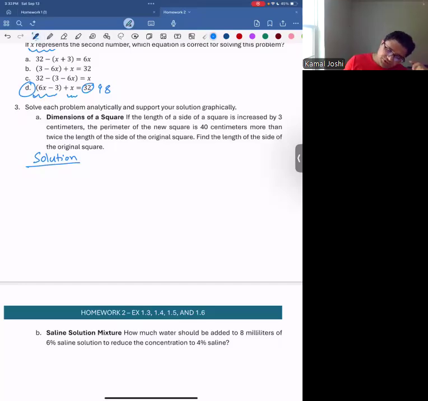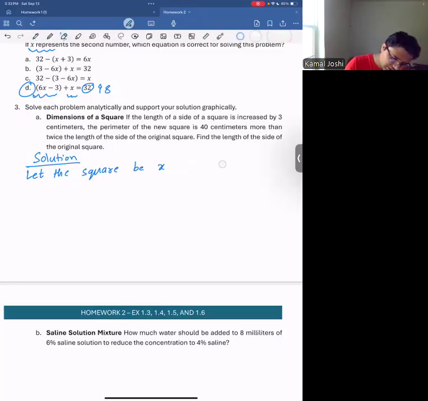The length of a side of a square is increased by 3 centimeters, right? So you say let the square be x centimeters by x centimeters.